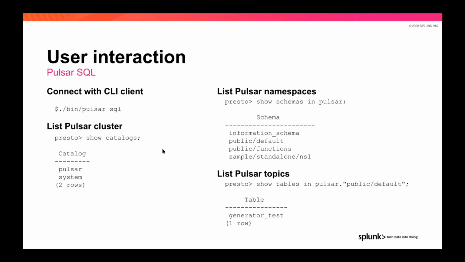But the rest of the entries should be all the namespaces that the cluster has. And to list the topics, you can say show tables. Tables are mapped to topics in Presto. So if you do show tables in Pulsar and you provide the namespace, you should be able to see all the topics you have in that namespace in Pulsar.